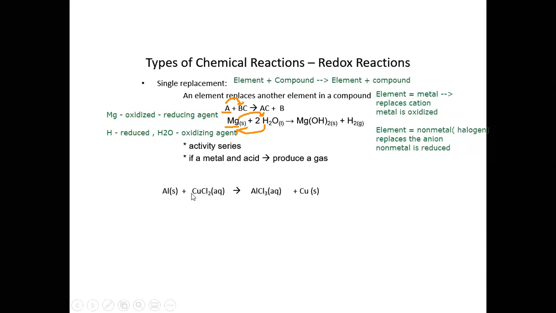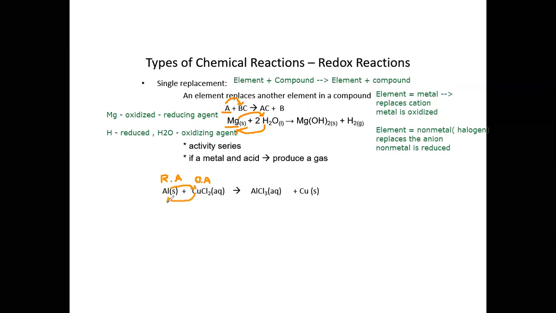So here we have aluminum plus copper chloride gives us aluminum chloride and copper. And so again, aluminum is a metal. It's going to be the reducing agent. And copper 2 chloride is going to be the oxidizing agent, because the metal is going to displace the copper.